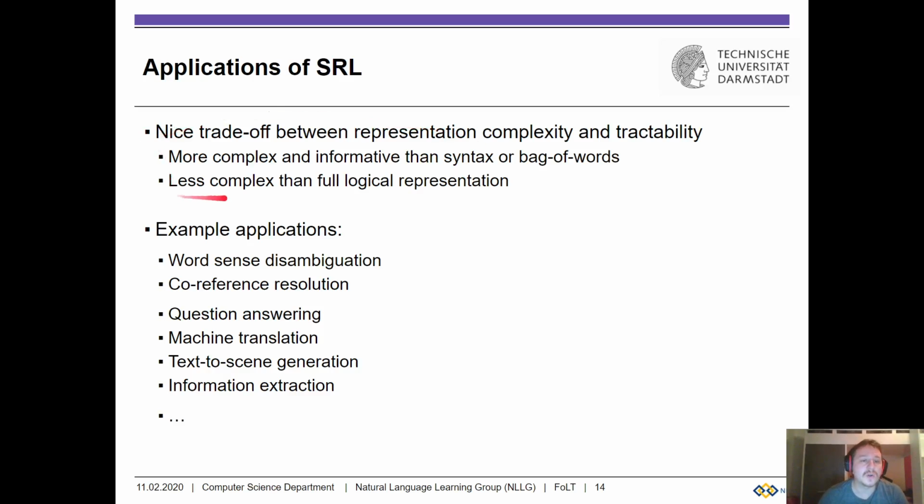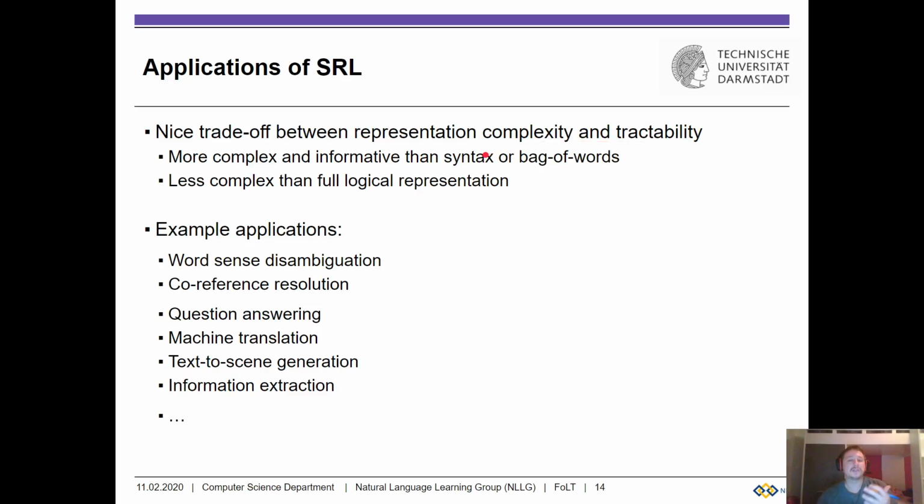But it's certainly also less complex than doing a full logical representation, as we would know from, let's say, predicate logic or even more involved logic formalisms. So semantic role labeling may have a nice trade-off between complexity and tractability.